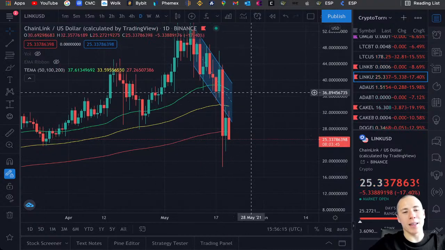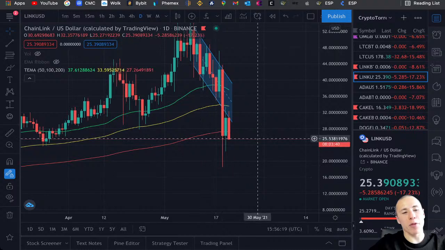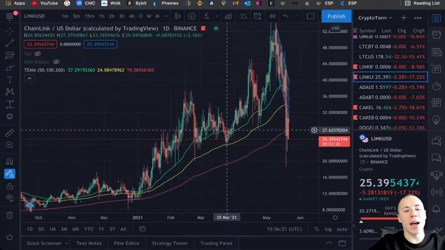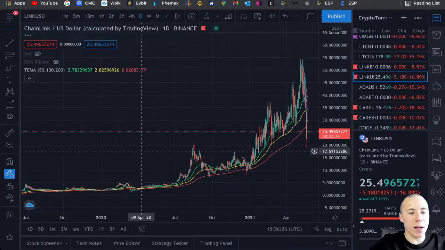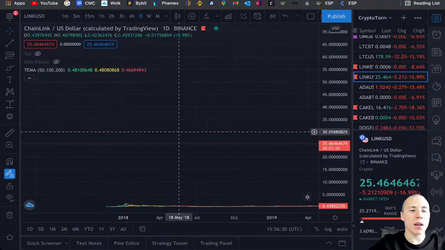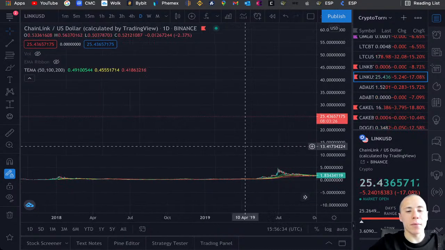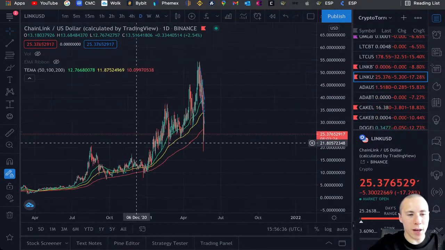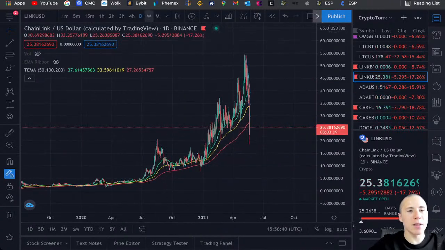And what I personally think is that we do not want Chainlink to break underneath the 200-day moving average, because if this happens, as we saw previously in the past, once we break below the 200-day moving average, well, it hasn't happened for a while. That would mean, this is quite unfortunate, I'm very sorry, I thought it would be happening rather shortly than this.